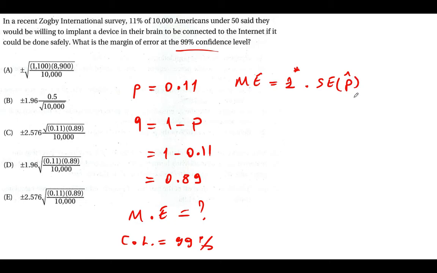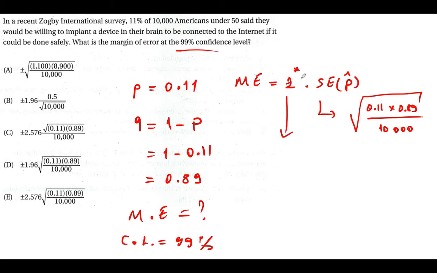Here the standard error, as we did in the previous question, will be the square root of 0.11 times 0.89 divided by n, which is the number of people, 10,000. And what about the z star, which is the critical z value? The critical z value we calculate by using the confidence level.